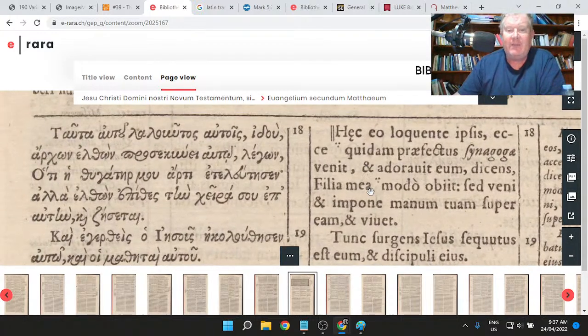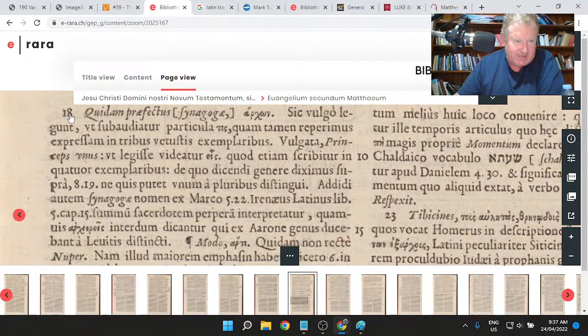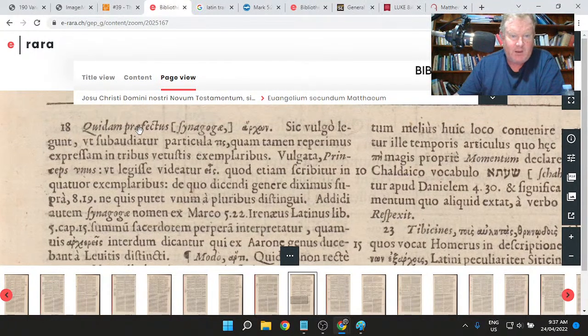So in the footnotes, he is at 18, and he's got synagogue there in the brackets. And he has archon. So notice here he has quidam praefectus, and then he has synagogue. So this would be a certain one of the synagogue, and that's all encompassed in the Greek word archon.